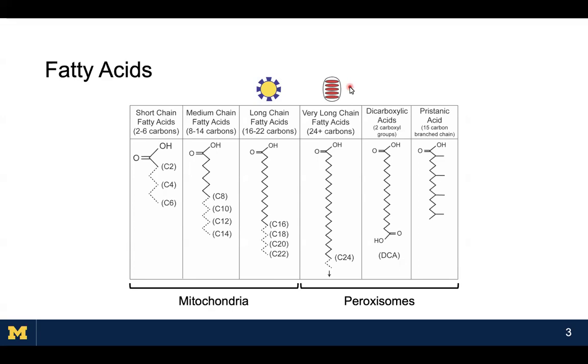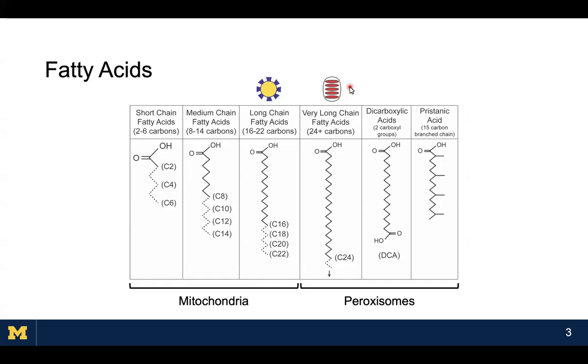And typically, based on the literature, we think of these two pools of substrates as completely separate. The mitochondria takes care of these fatty acids and only these fatty acids, and peroxisomes take care of these fatty acids and only these fatty acids.